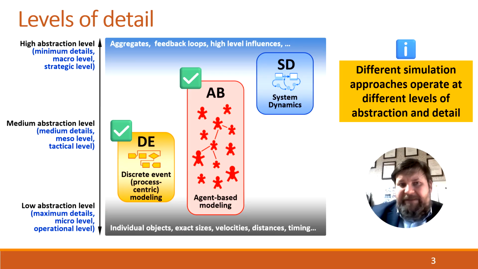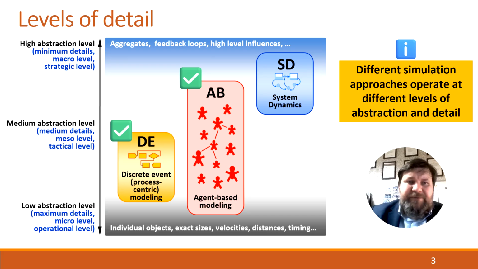The following slide illustrates how different simulation approaches operate at different levels of abstraction and detail. Please don't be confused by the word abstraction. Here, the word abstraction can be substituted by the word simplification, meaning that we are talking about levels of simplification and level of detail.